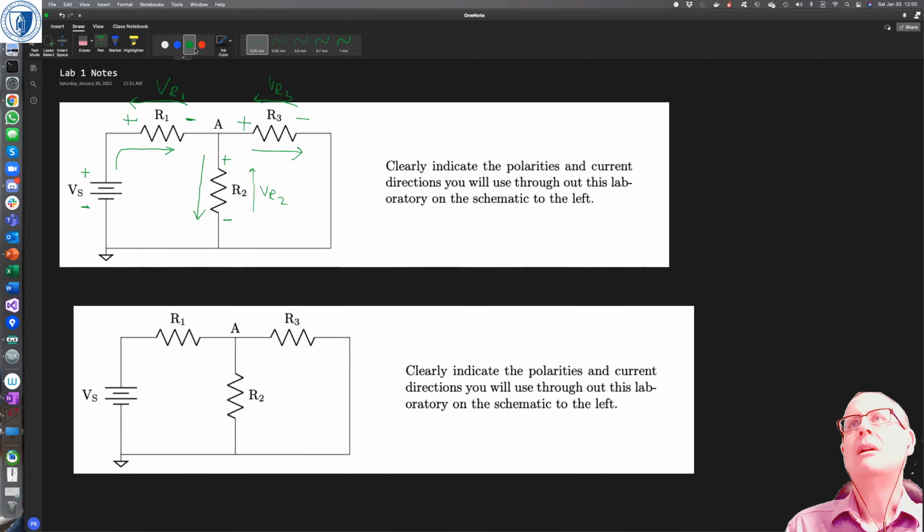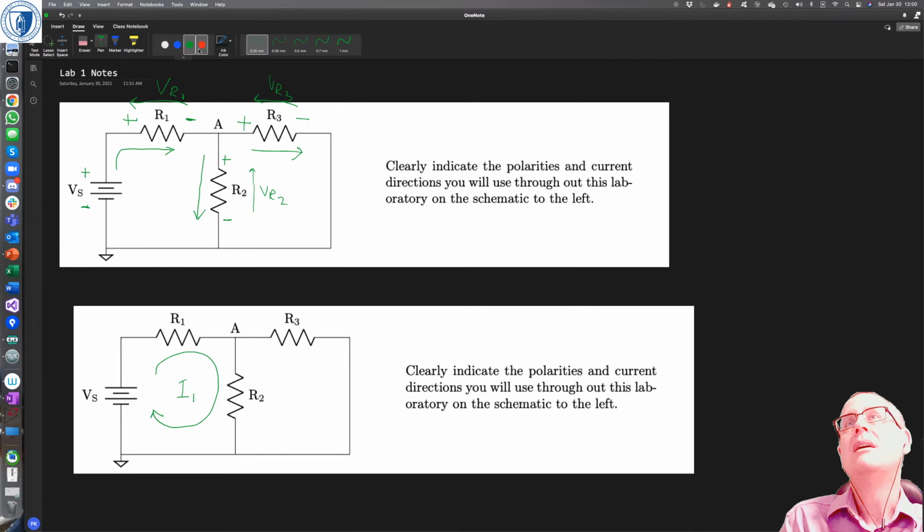So one of the things we're going to do later on, very shortly, probably next session, is talk about current loops or meshes. And we're going to look at something like this, which is the current I1.